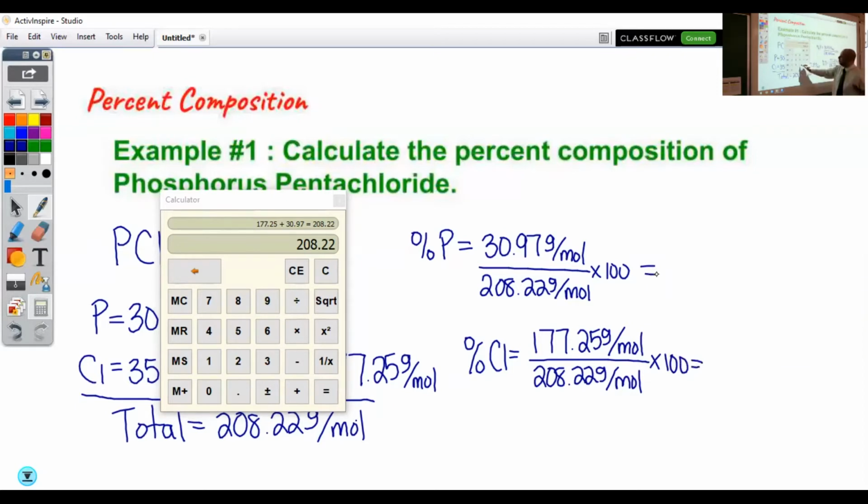So for the first one, we have 30.97 divided by 208.22, multiplied by 100. We get an answer of 14.87. We'll keep 4 significant figures.